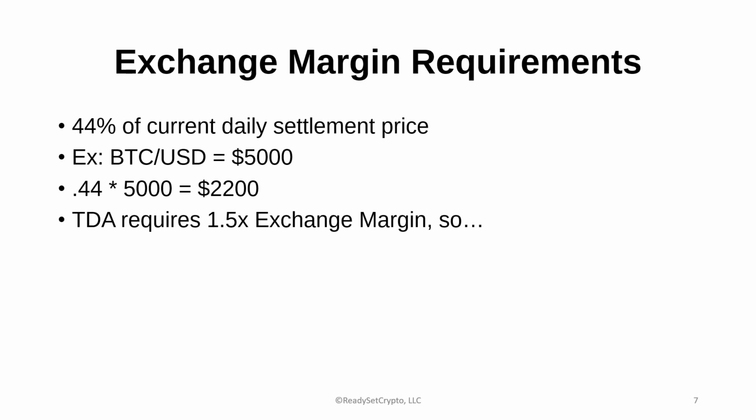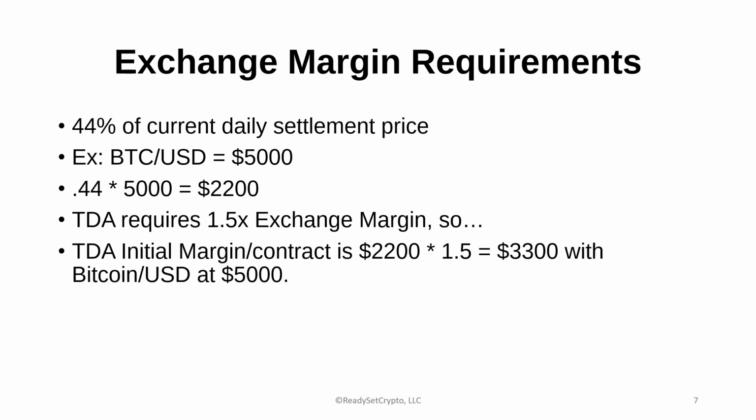Now, TD Ameritrade requires 1.5 times that. So if we take that 2,200, multiply it by 1.5 times, we have a margin requirement of $3,300. Again, assuming that Bitcoin versus the US dollar is at $5,000. So if it's $10,000, then we're going to obviously have an exchange requirement from TD Ameritrade for initial margin of $6,600.